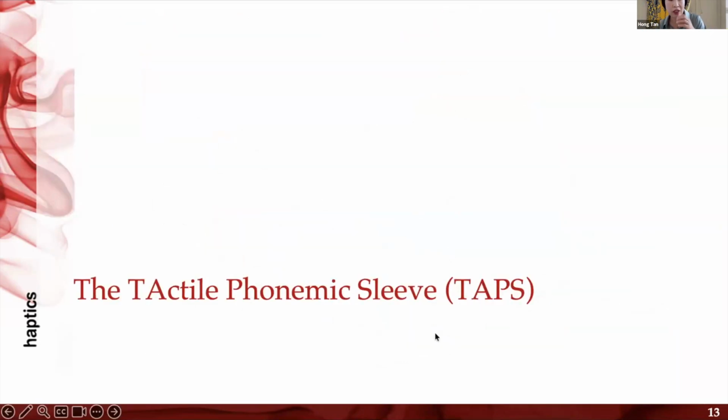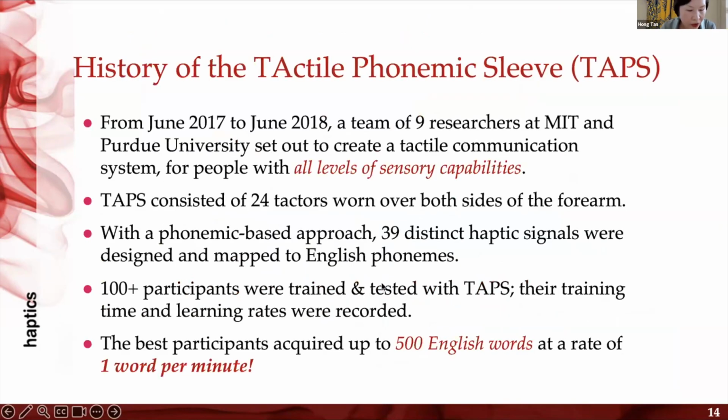So let me move on to this project we did and show just a few details. From June 2017 to June 2018, which is about 12 months, that's all the time we had from Facebook. They funded the project. We had a team of 9 researchers at MIT and Purdue set out to create a tactile communication system.